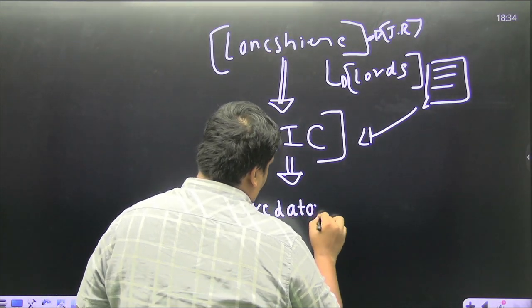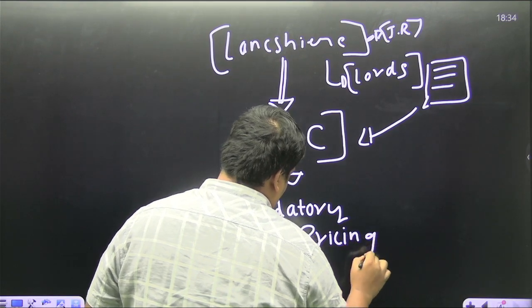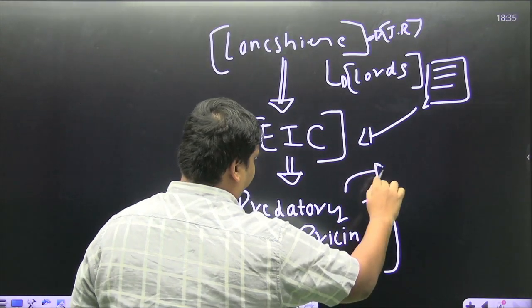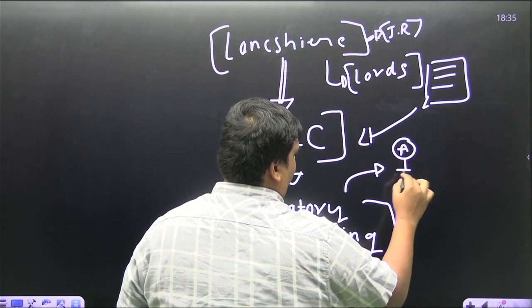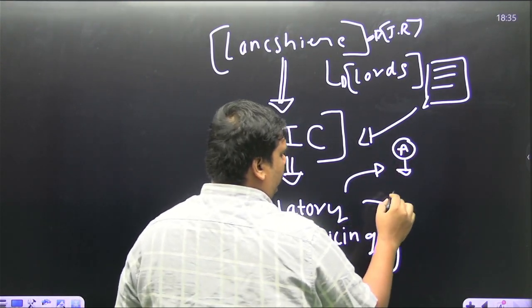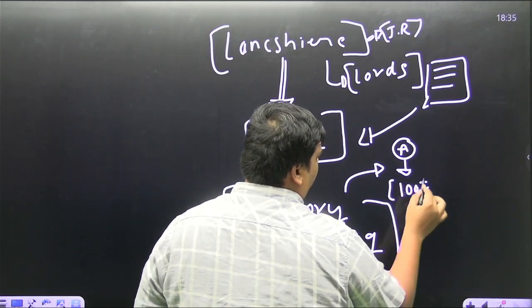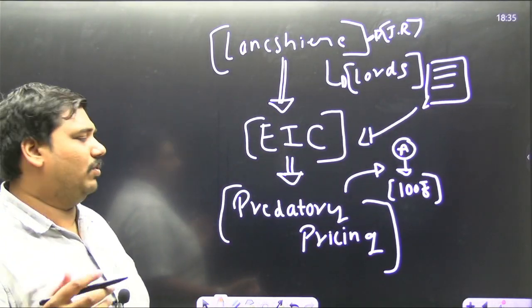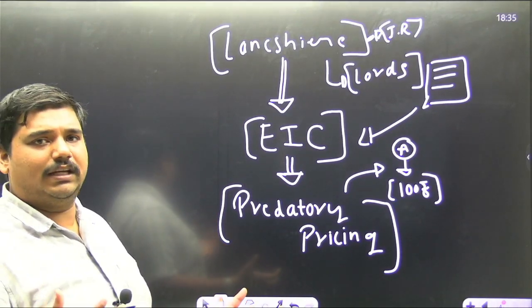predatory pricing. Now, what is predatory pricing? Say Indian manufacturers sold a piece of cloth for 100 rupees. Because the demand in Europe had died out, there was no export and import had become very costly.